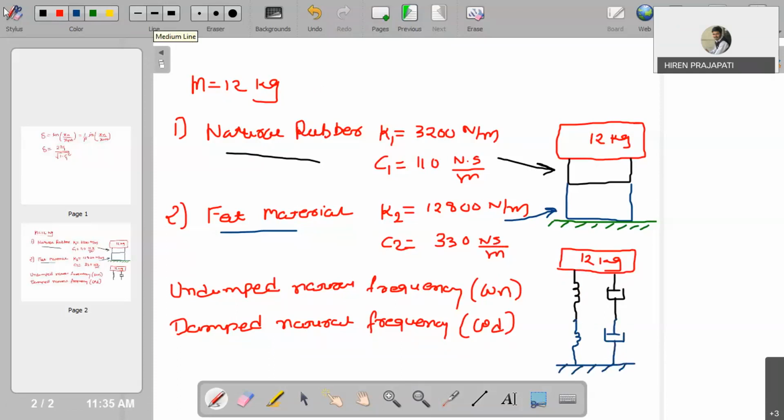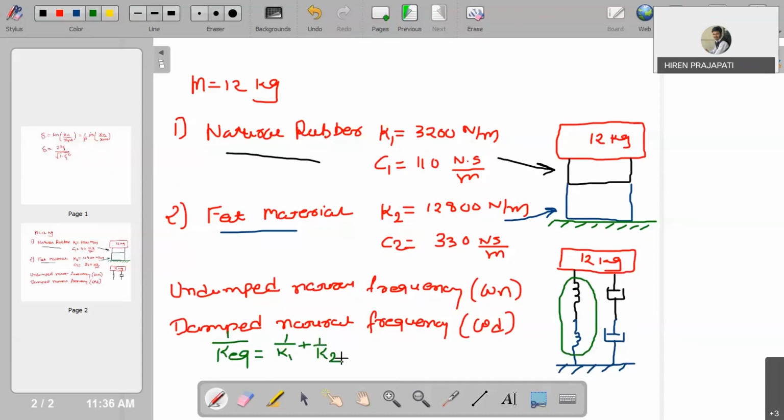Now we can represent this entire system by a single spring-mass-damper system. So I need to find the equivalent stiffness of these two springs. If two springs are connected in series, then 1 by K equivalent equals 1 by K1 plus 1 by K2.